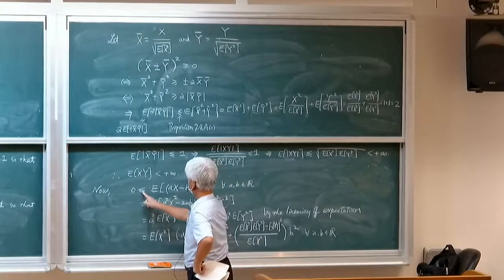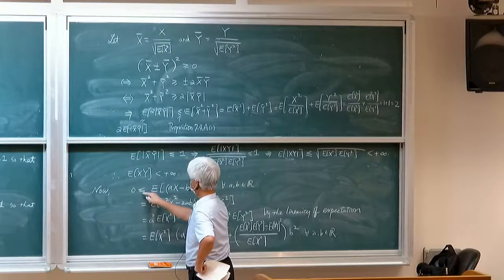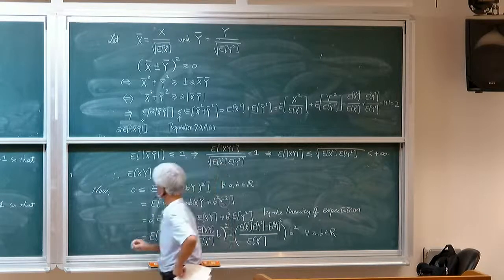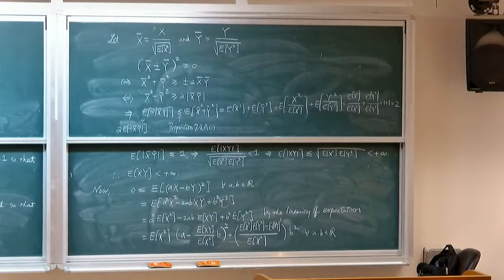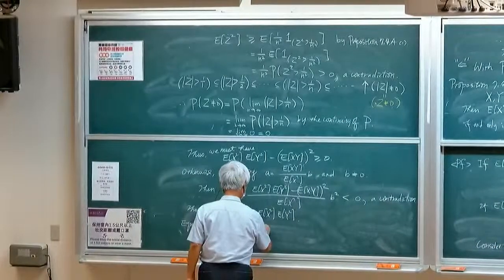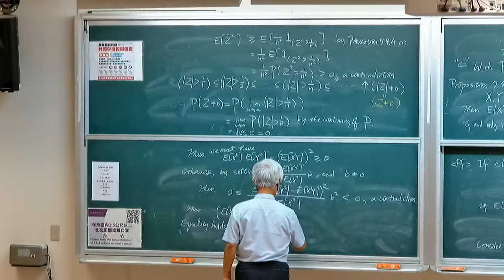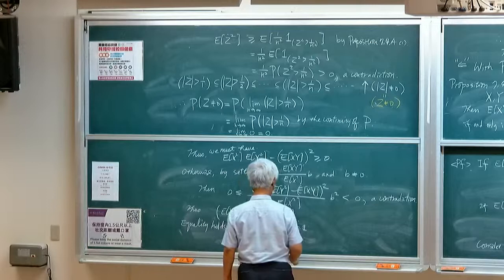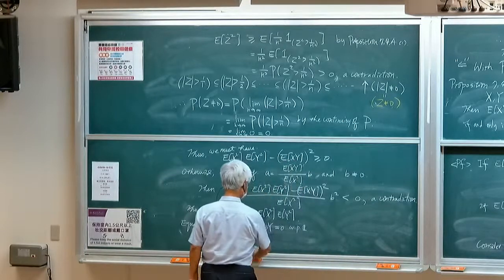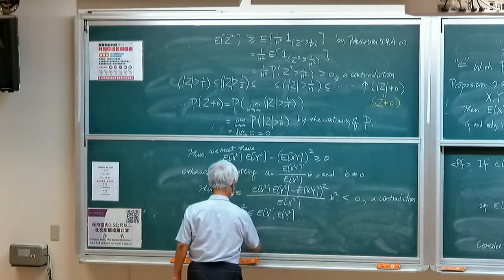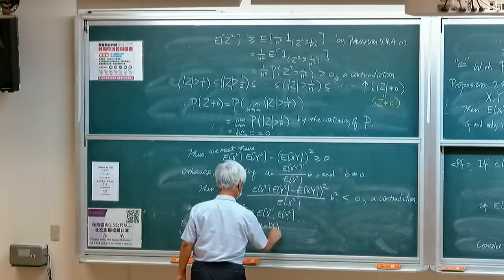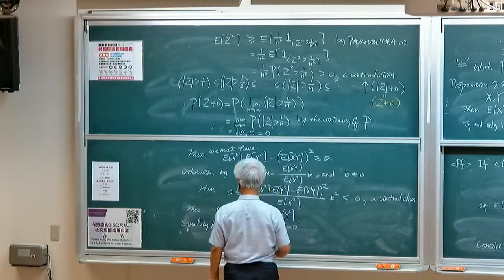So only here the equality, if this is the equality, it's if and only if the expectation of ax minus by squared is equal to 0.